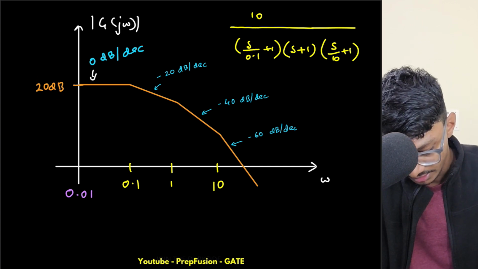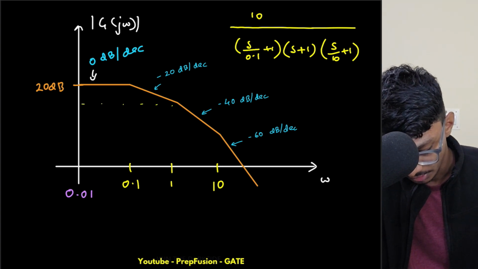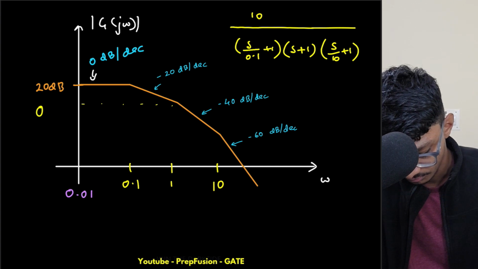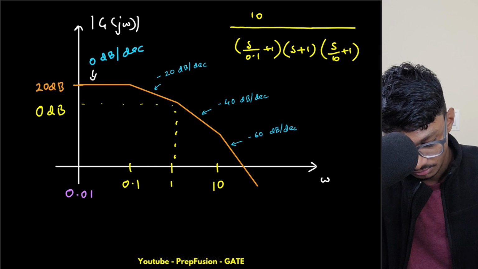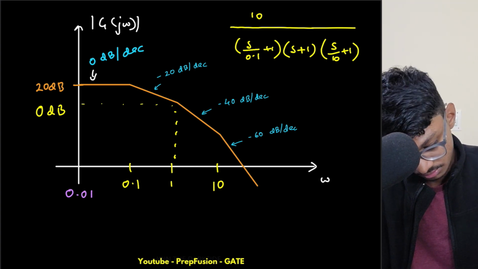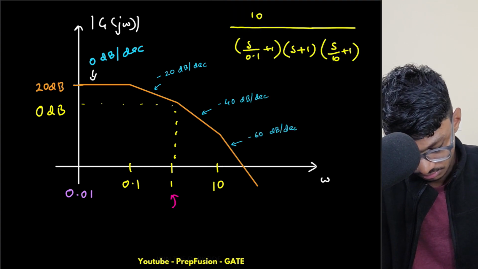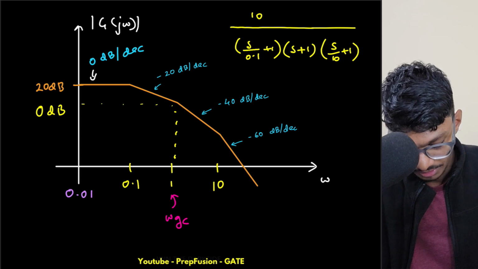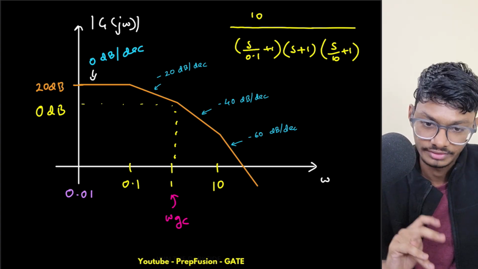So if I travel 1 decade from 0.1, I will reach 0 dBs. So obviously this is my gain crossover frequency, omega GC. Okay, so omega GC is 1.